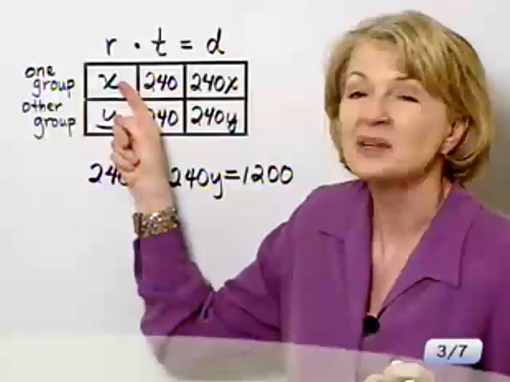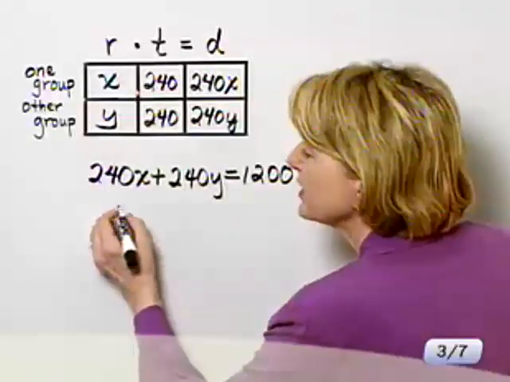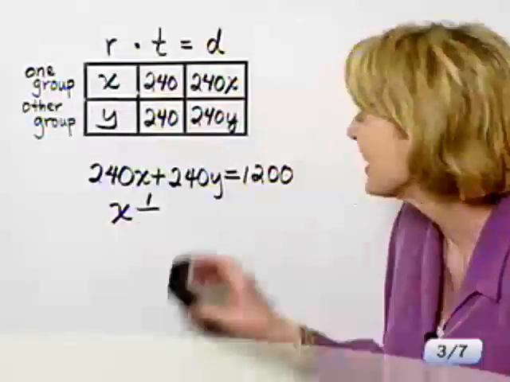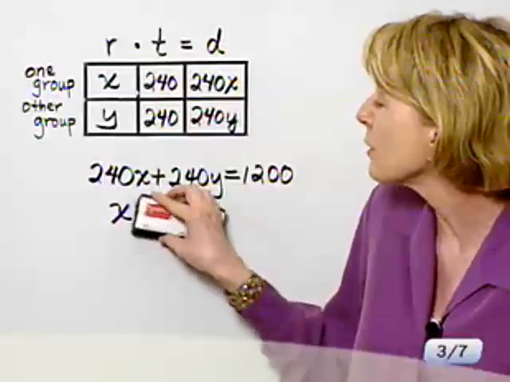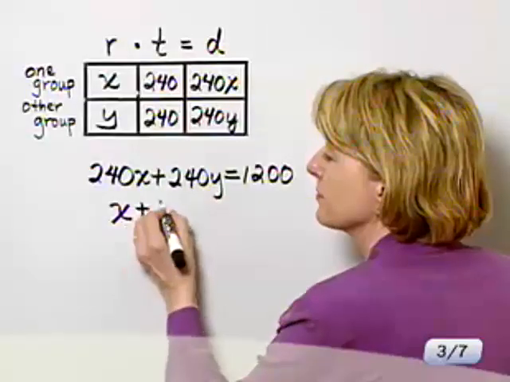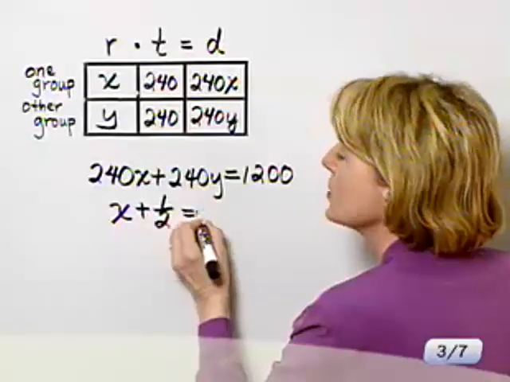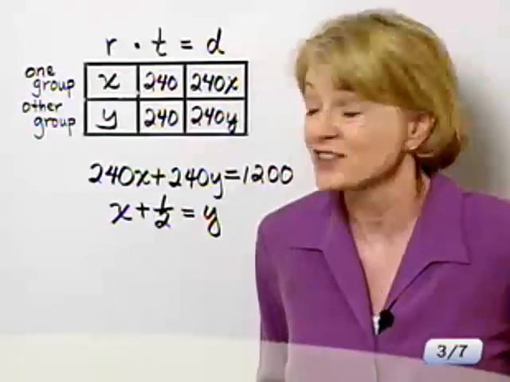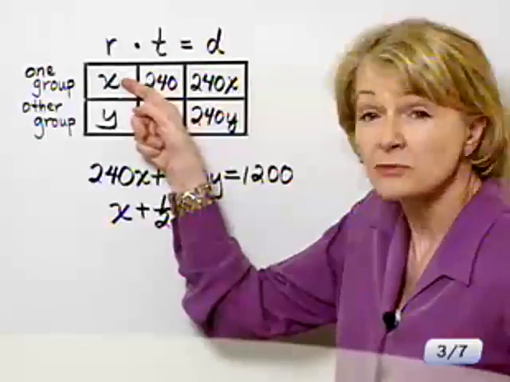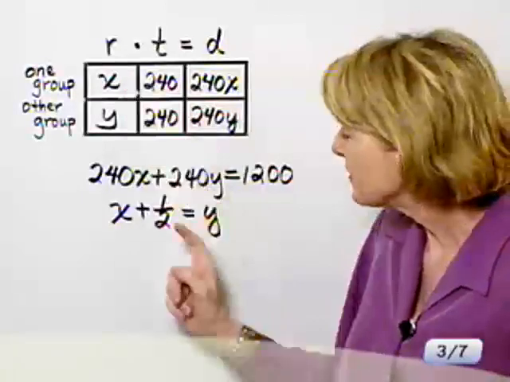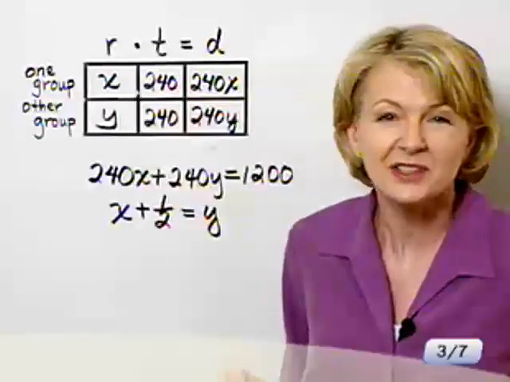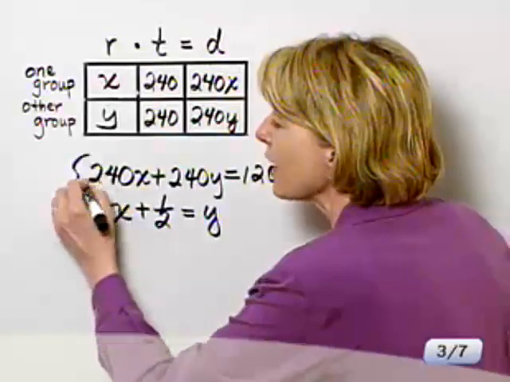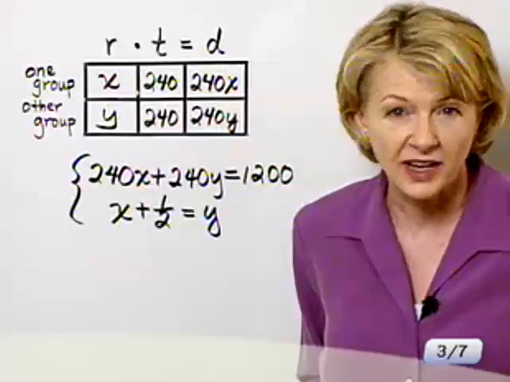Since this number is smaller, don't I take the slower group, add to it the 1/2 mile per hour to equal the faster group? And yes, the answer is yes. If we take the slower group, add the 1/2 mile per hour difference between the two, we will get the faster group. So here is our system of equations.